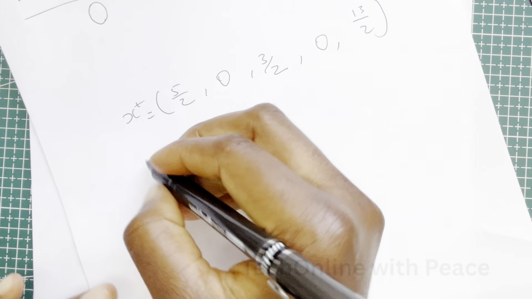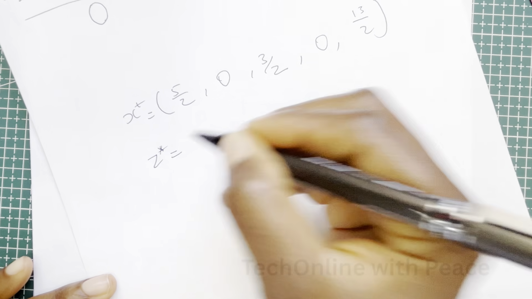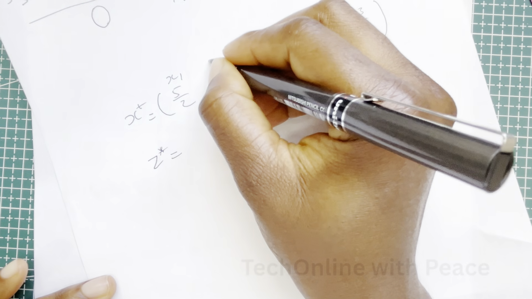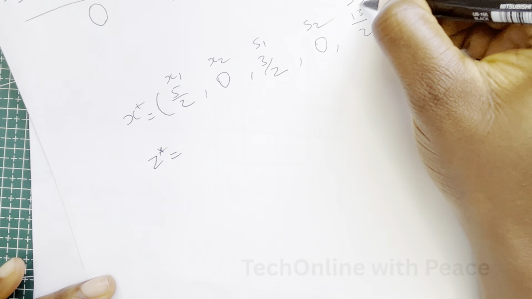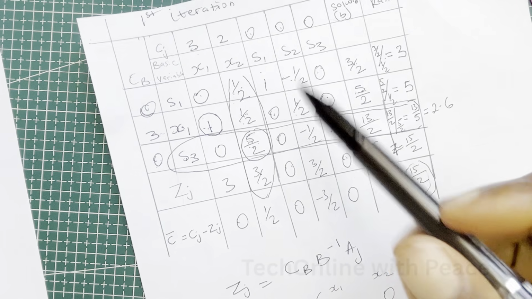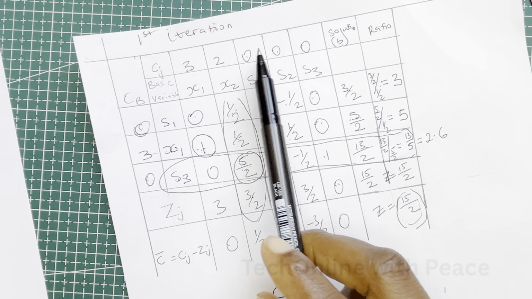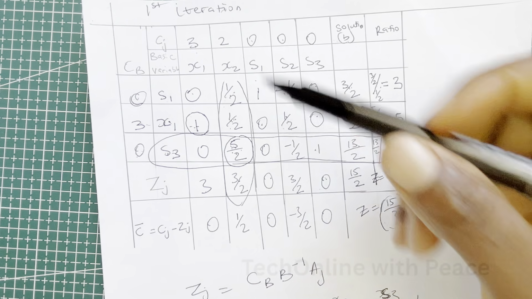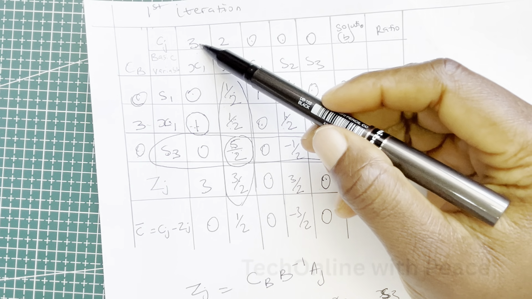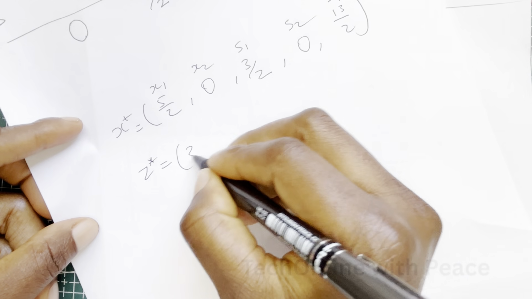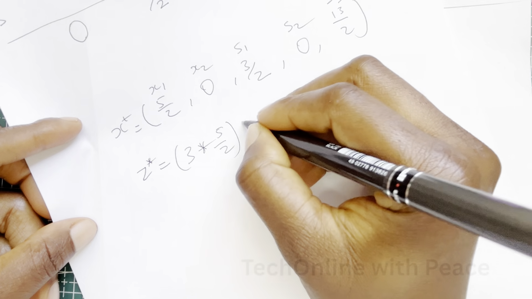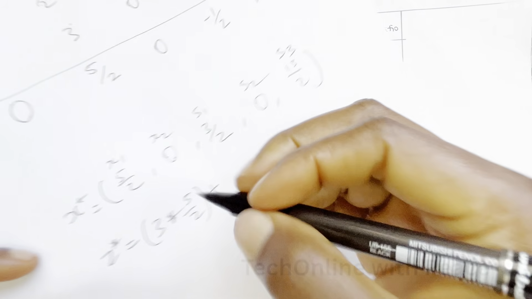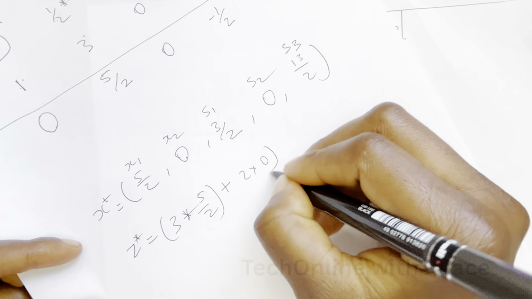To check if we're on track, we'll consider the objective function. Remember, this is X1, X2, X1, X2, and X3. So we consider the objective function here, 3, 2, 0, 0, 0. From here, we have X1 to be 3, so we say 3 times 5 all over 2, plus for X2, 2 times 0.